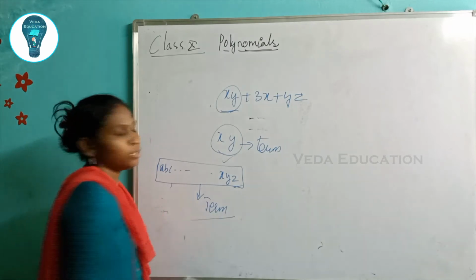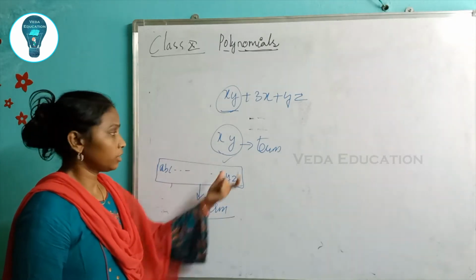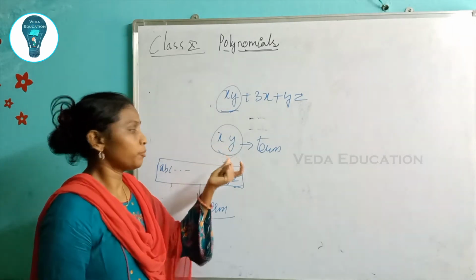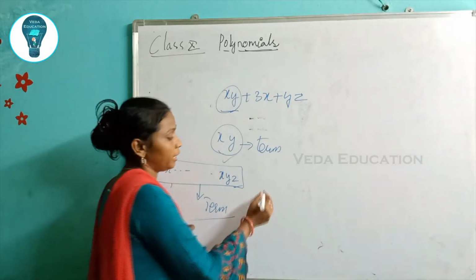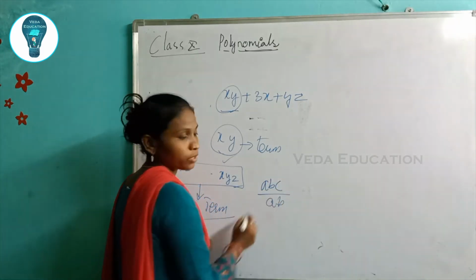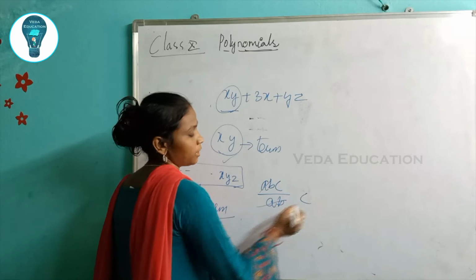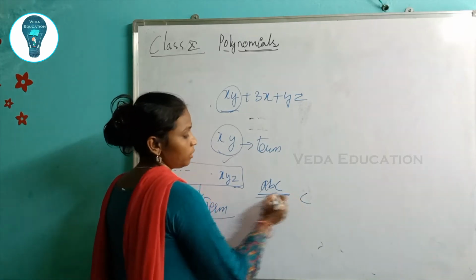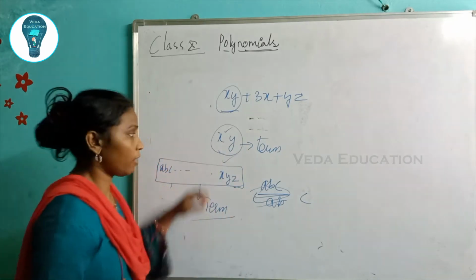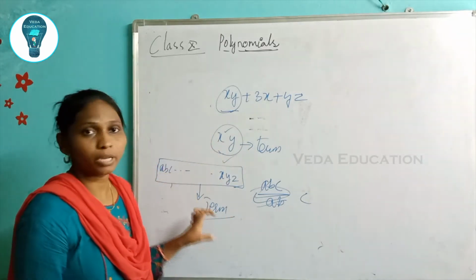So what we got is that a term is in product form. Product means multiplication. And look at here, a, b, c divided by a, b. Now simplify it, what you got? c. So terms with division or multiplication cannot be called an algebraic expression.